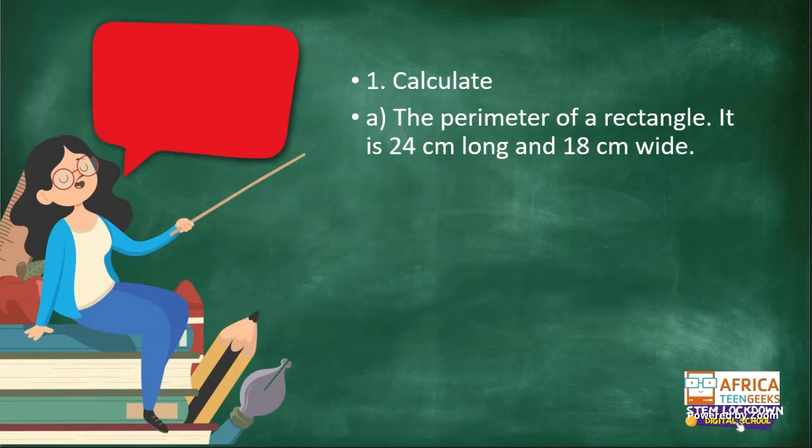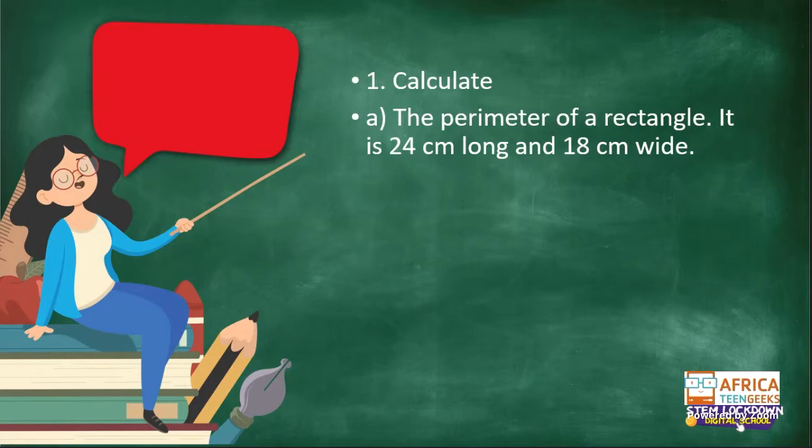How then do we calculate the perimeter? I want us to calculate the perimeter, and perhaps we must also proceed to calculate the area, just as we revise. Remember, this is part of our revision.